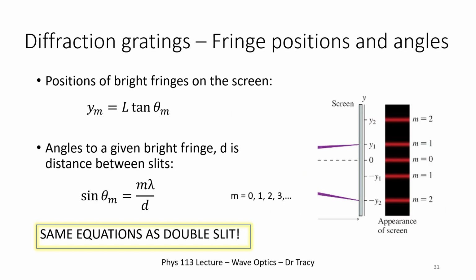What are the positions of these bright fringes? Well, it's the same geometry, so you end up with the same equations. Even when I was looking at the summary of equations at the back of the textbook, it showed them as the same equation for the double slit and for the diffraction grating, and I was looking for a way to say what the difference is for a diffraction grating. There's no difference.